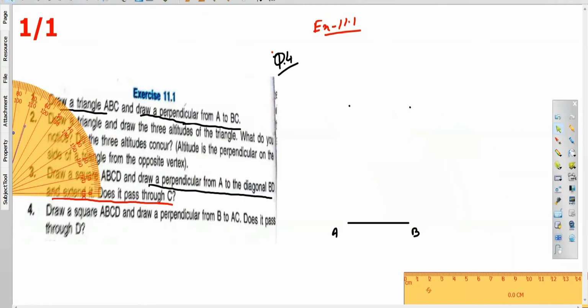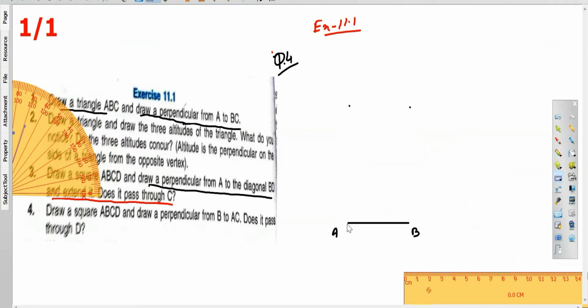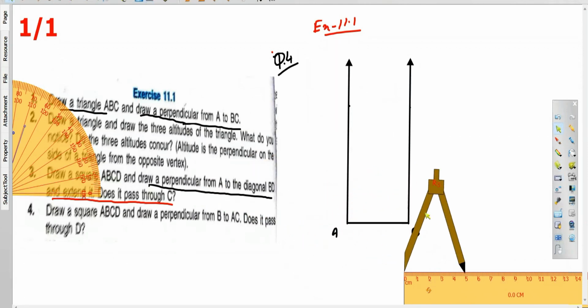Now we'll draw a ray, with B also and with A also. Now we'll take the compass and we'll take another 5 centimeter arc measurement.